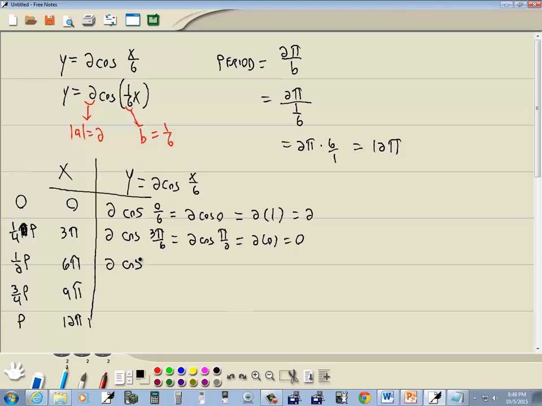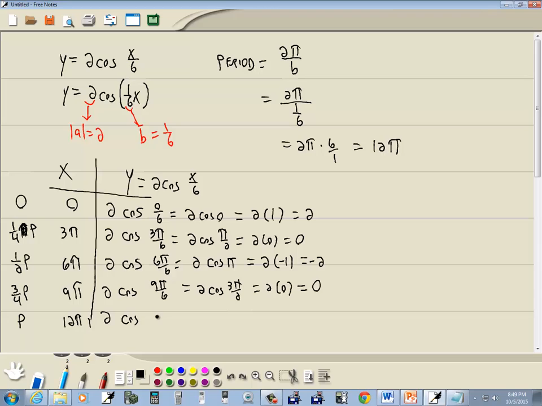And then we have 2 cosine of 6 pi over 6, which gives us 2 cosine of pi. The 6 is cancelled. And cosine of pi is -1. So that's -2. And we have 2 cosine of 9 pi over 6, which is 2 cosine of 3 pi over 2, which is back to 0, so 2 times 0 is 0.